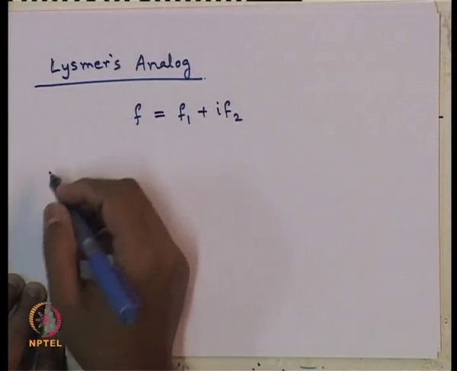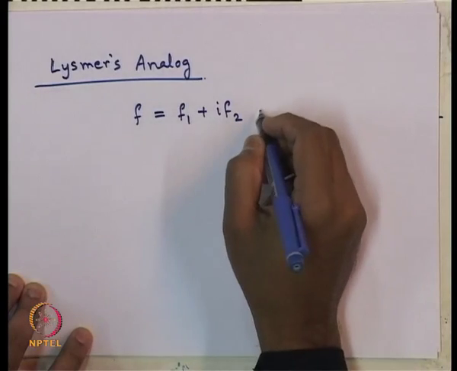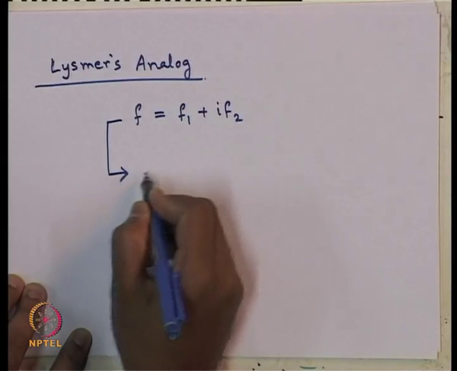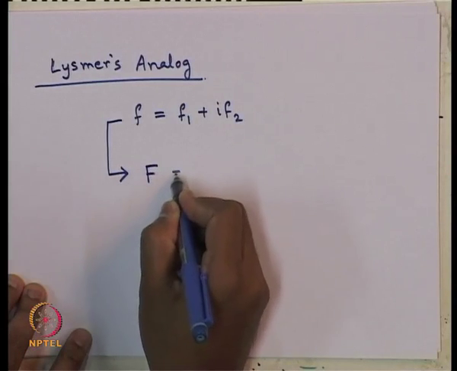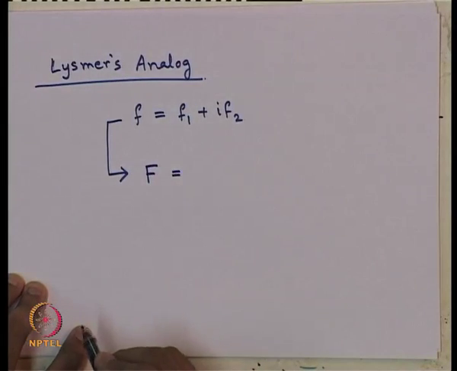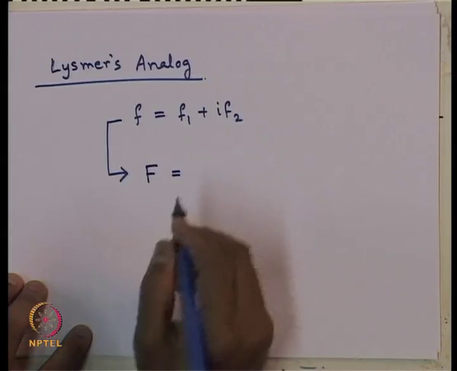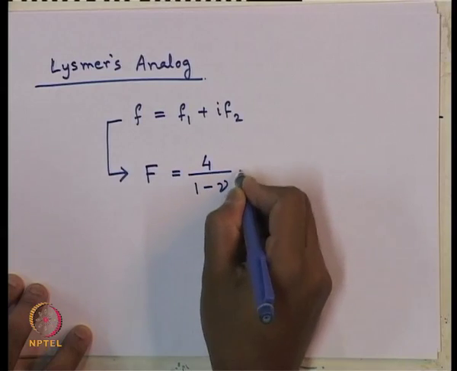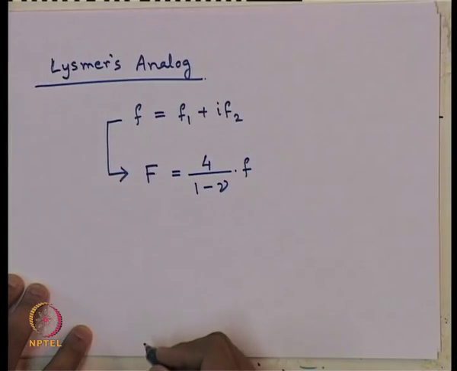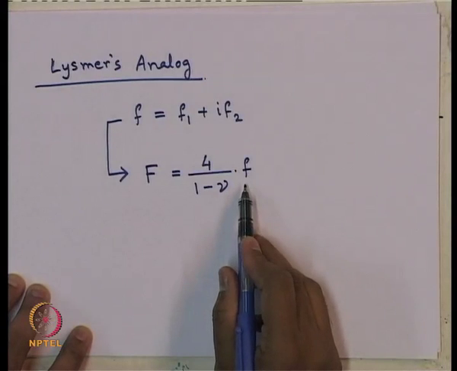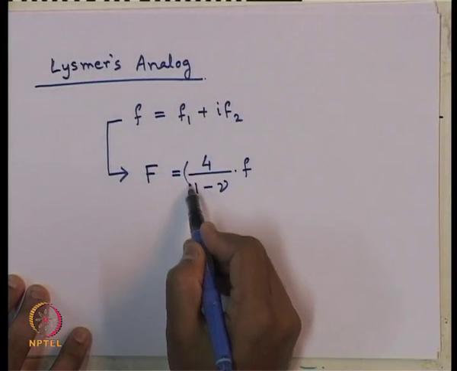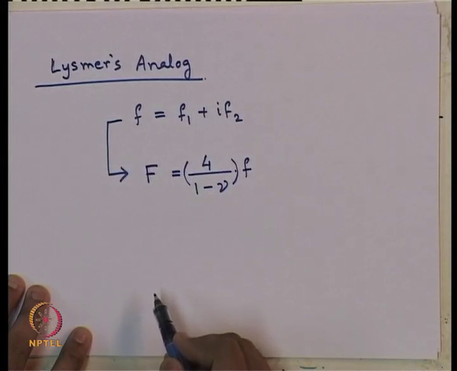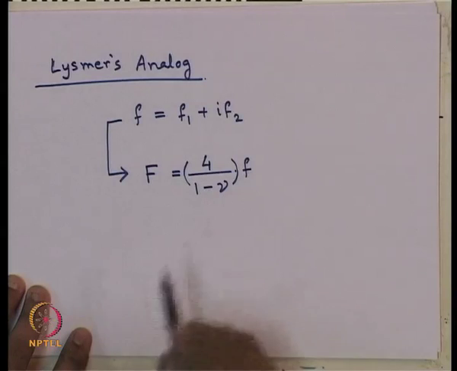What did Lysmer propose? That he had modified it to another displacement function capital F, which can be calculated like this. That is, take the Lysmer displacement function, multiply it with this term 4 by 1 minus mu to get rid of the effect of Poisson's ratio.